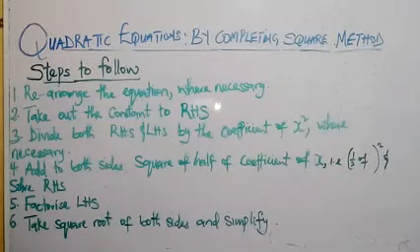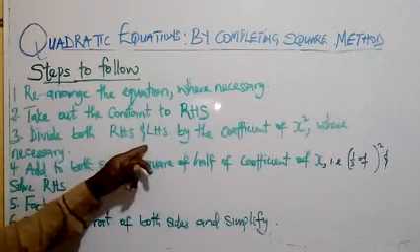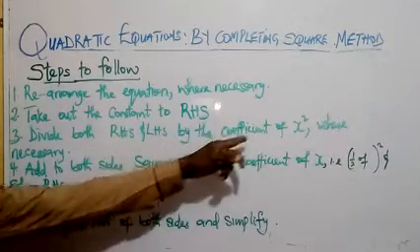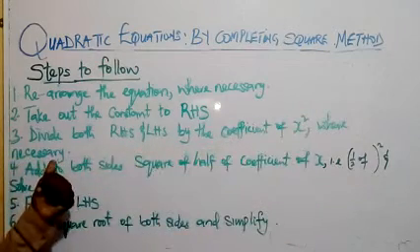Alright, steps to follow. Number 1, rearrange the equation where necessary. 2, take out the constants to the right hand side. Number 3, divide both right hand side and left hand side by the coefficient of x squared where necessary.